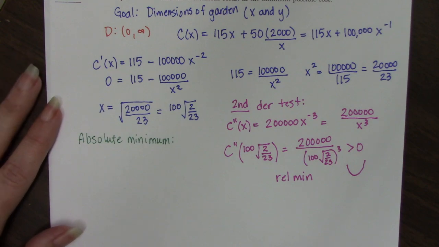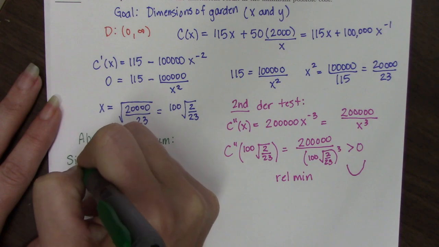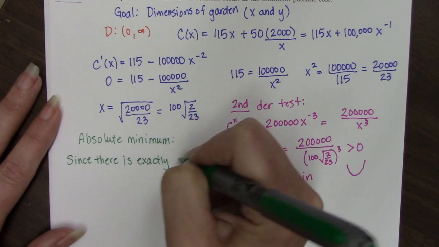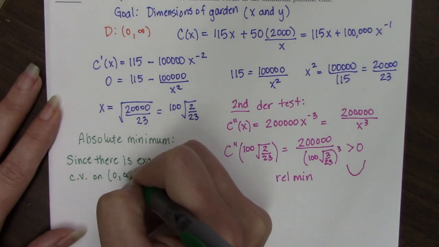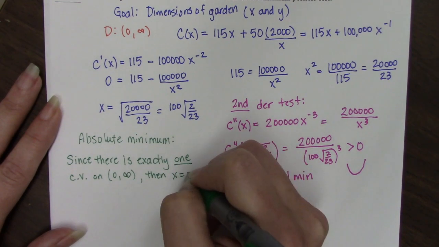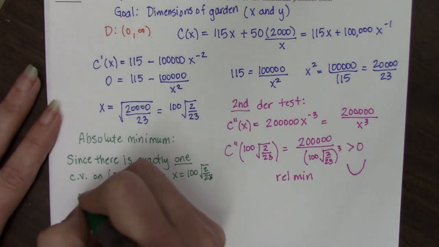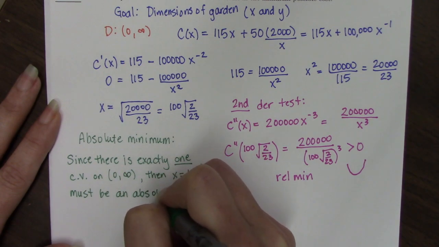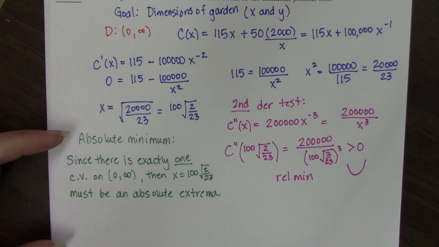That can get quite complex, but there's a caveat that we've learned hopefully in class that says since there is exactly one critical value on our domain of 0 to infinity, then x equals 100 times the square root of 2 over 23 must be an absolute extrema. So be very, very careful if you cite this.